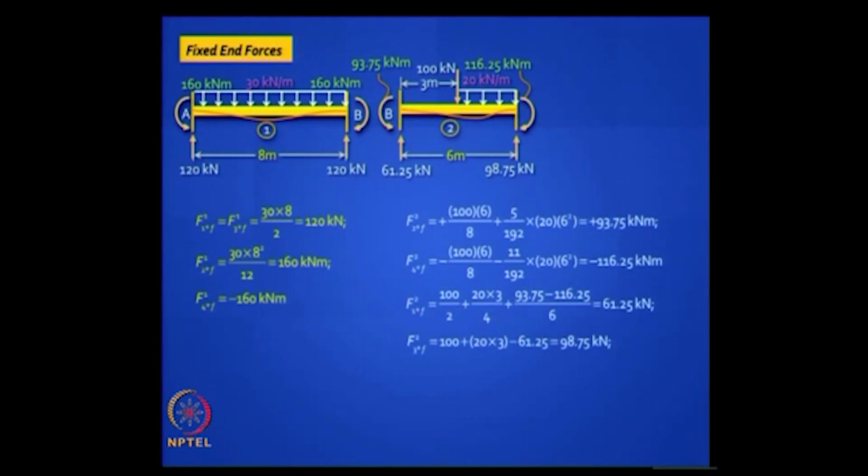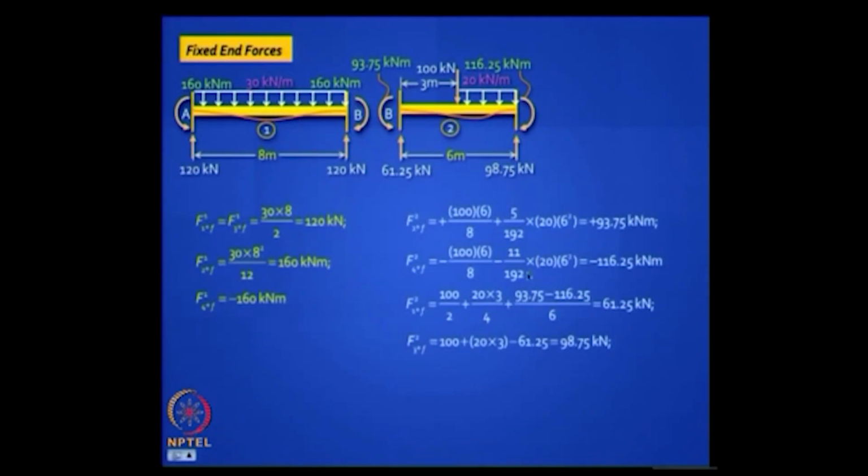So open any handbook like the book that you have been referred to, pick up the table, and you will find the two numbers are 5 by 192 and 11 by 192. Okay. On this side this moment is 5 by 192 Q naught L square. On this side it is 11 by 192. Okay. So do not worry, in an examination you will get only simple loading cases, concentrated load or UDL.